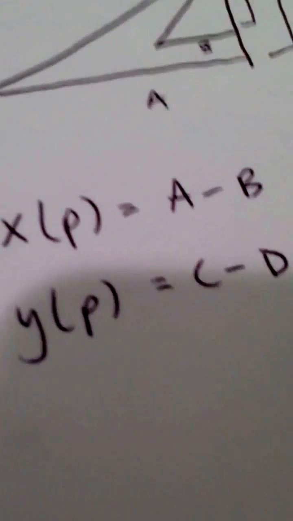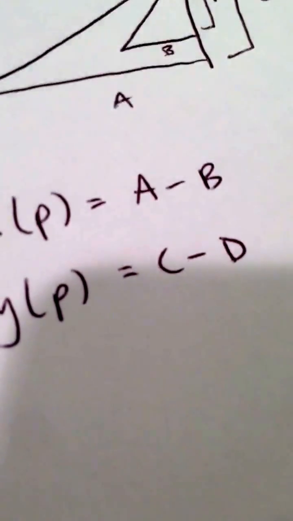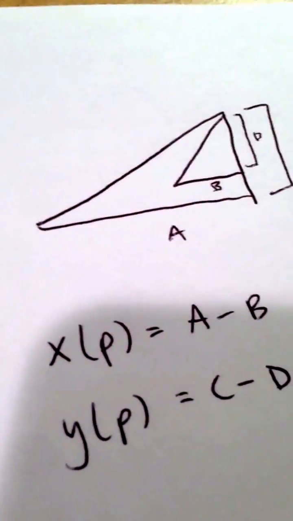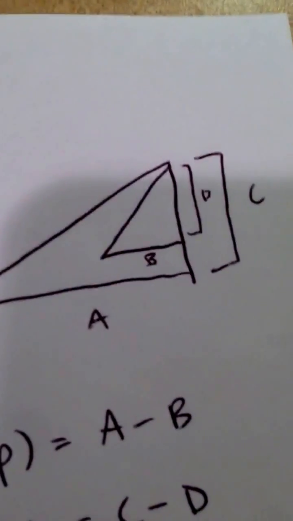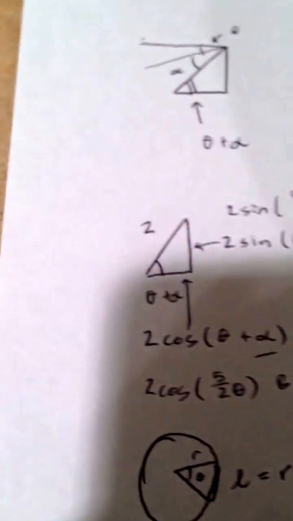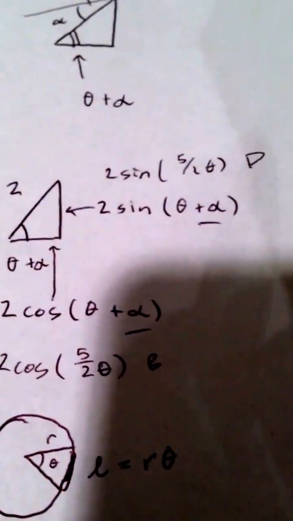Now, all that work we did on the other page is that we have our A's and our B's now, but they're in terms of theta. So if we look, our A and our C are right here. So this is A, and that's C. And over here, this is our B, and this is our D. So B and then D. Okay.